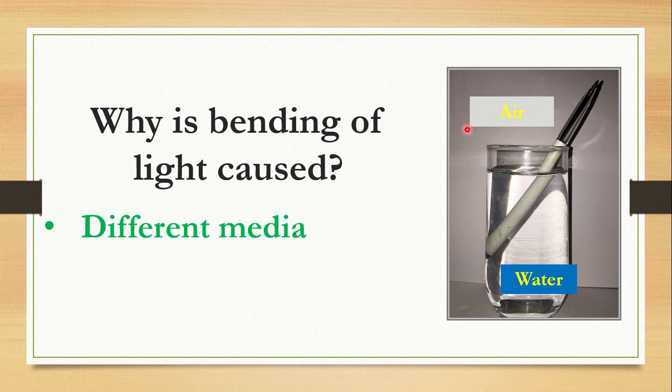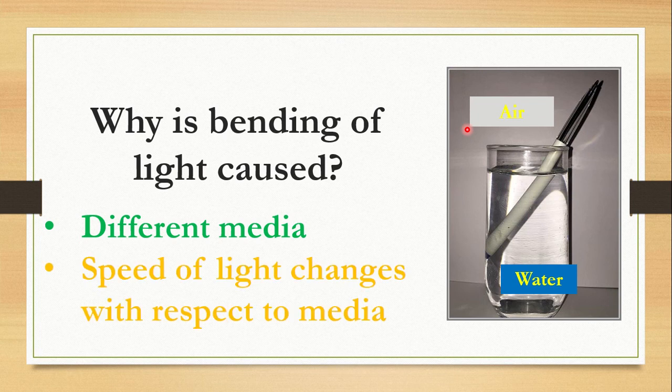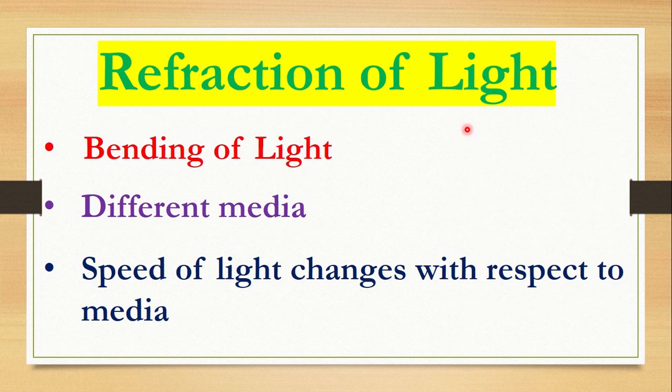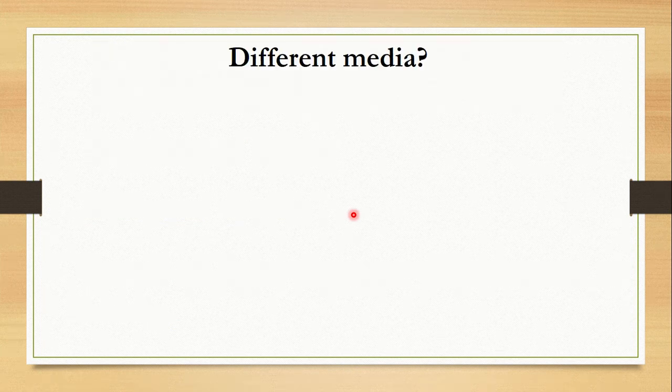So there are two different media. So what if there are two different media? What happens? This is what happens. The speed of light changes with respect to media. So by this we can understand that the refraction of light is the bending of light in different media because the speed of light changes with respect to media.